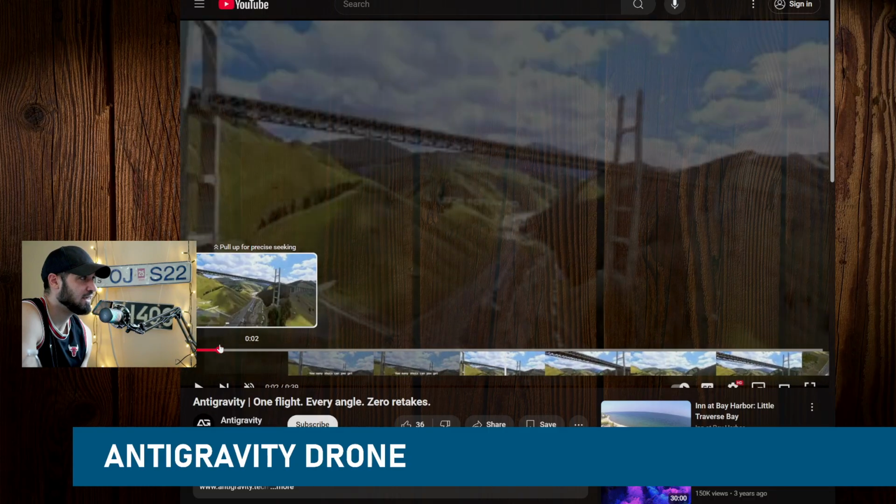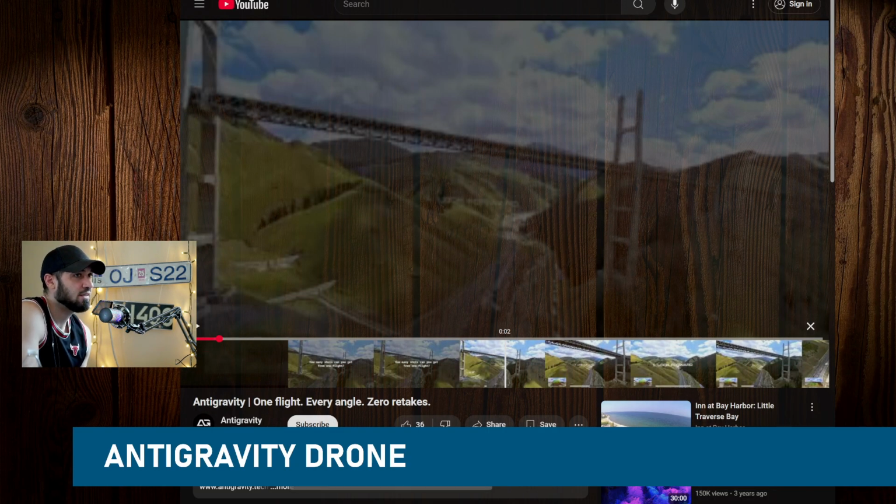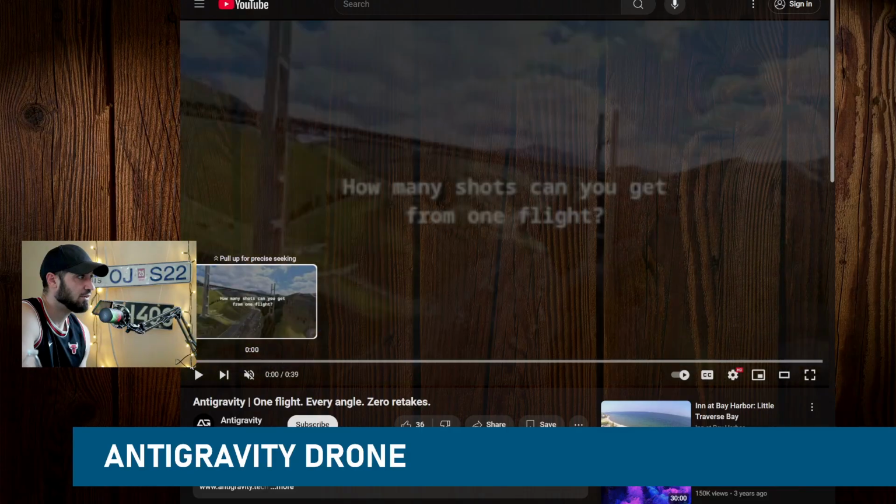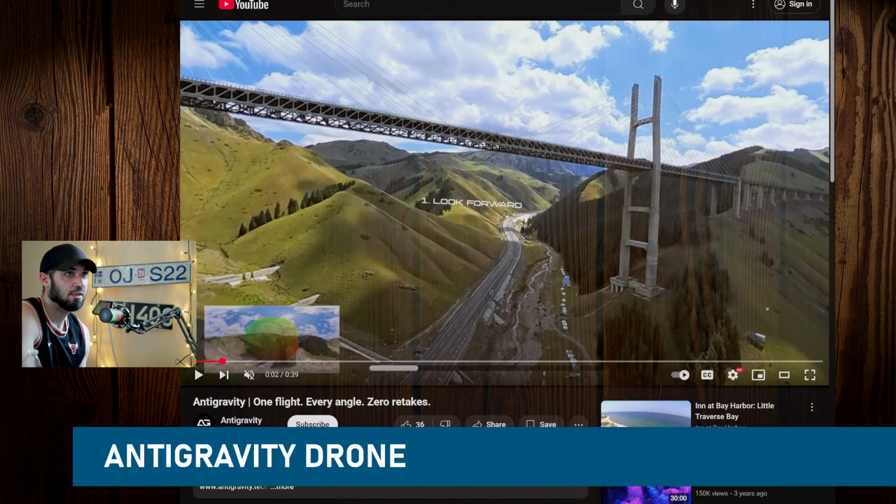So let's go back for a second. We're looking at the first visualization of the anti-gravity drone. This was shot on the new anti-gravity drone by Insta360, and you could see here they're labeling at the bottom. This is kind of like a media player, what it looks like, and they're just reviewing the footage they shot.